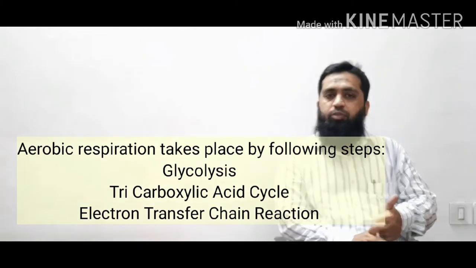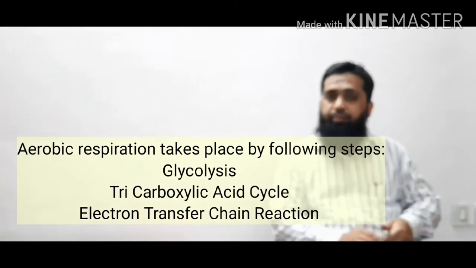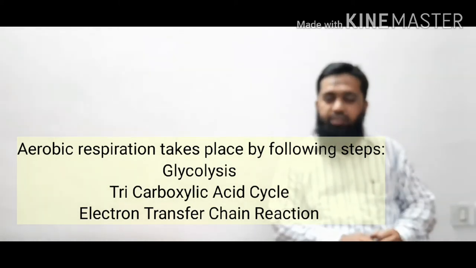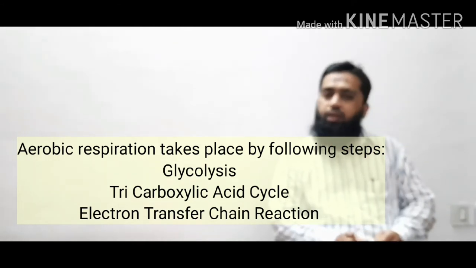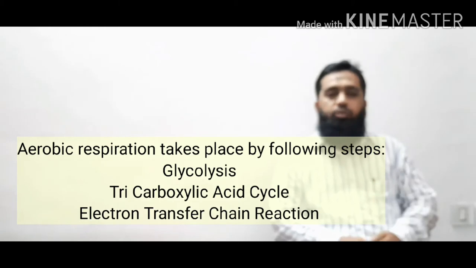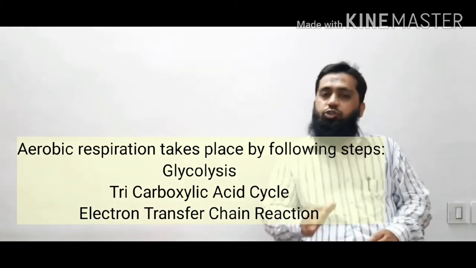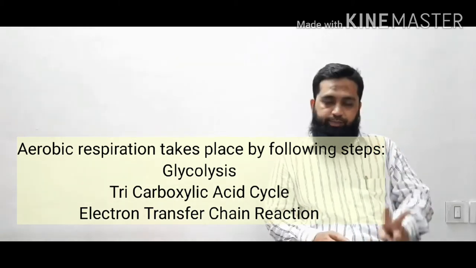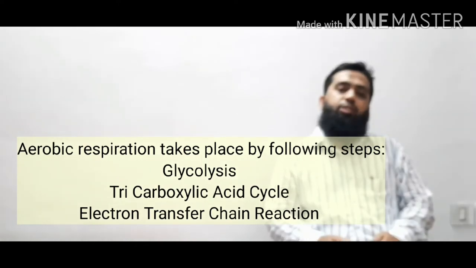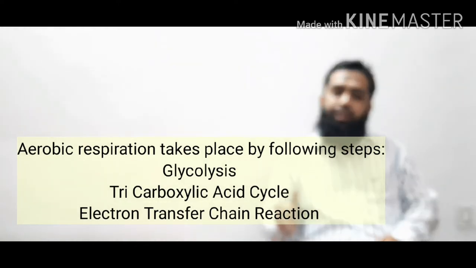The first step is called glycolysis. Remember this name. The second step is called the tricarboxylic acid cycle, and the third step is called the electron transfer chain reaction. So these are the three steps in which aerobic respiration takes place inside the cell.